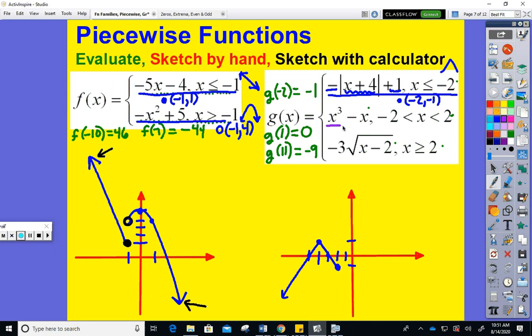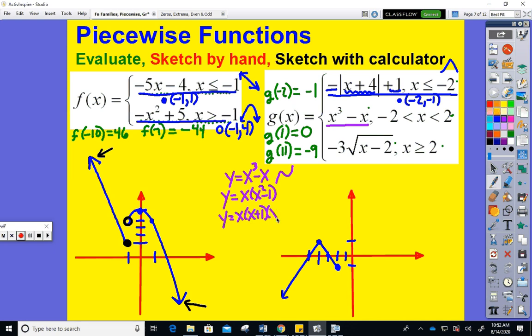So this part, y equals x cubed minus x, I know the basic shape is this kind of thing, but I need to know kind of where to put it, so I'm going to use my skills from Algebra 2. So I'm going to say x times x squared minus 1, so that's x plus 1, x minus 1.